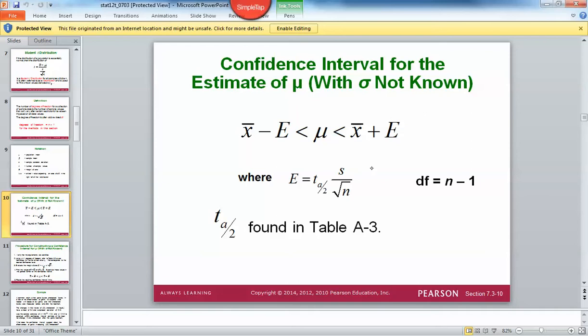Now, I also worked a homework problem for some students yesterday, I believe it was, or the day before yesterday, and I had to find s. So if the data set doesn't give you s, the sample standard deviation, then you have to find it, just like we learned in chapter 3.